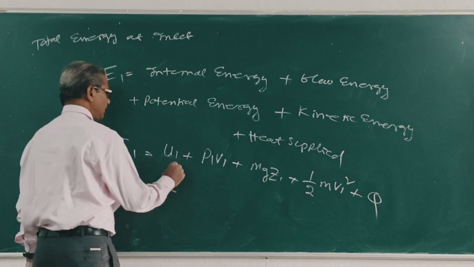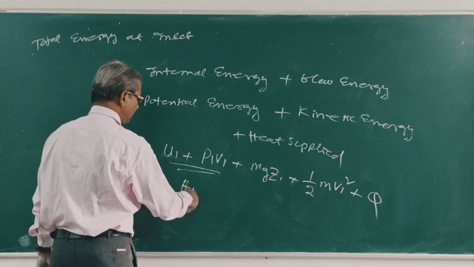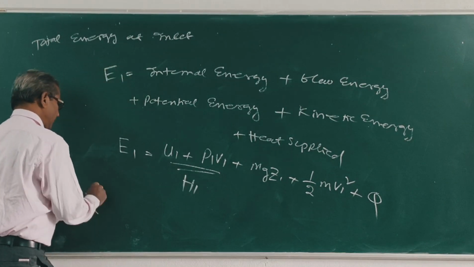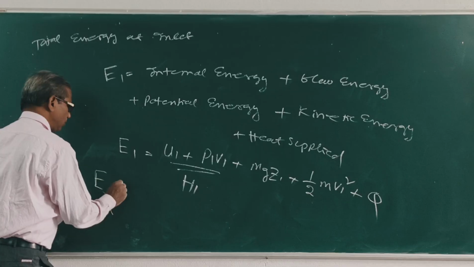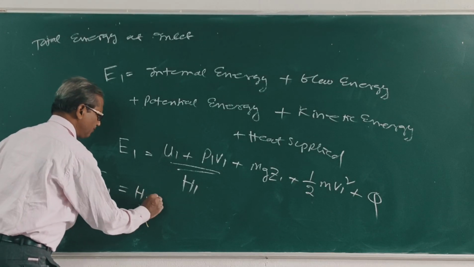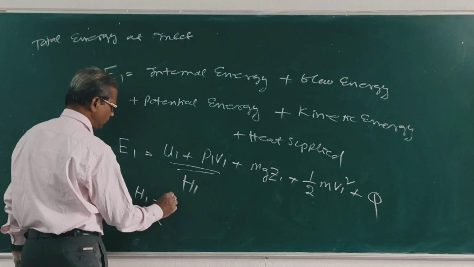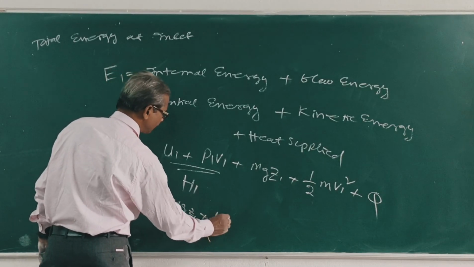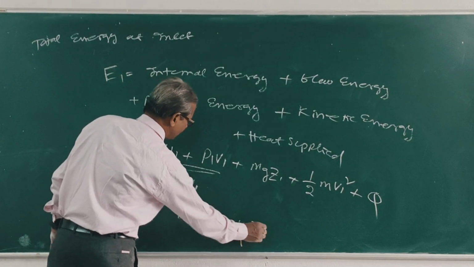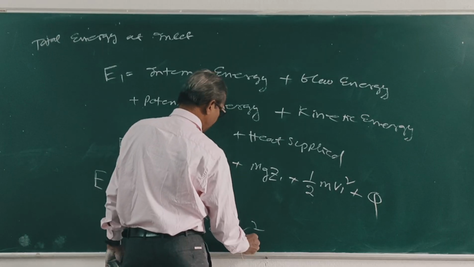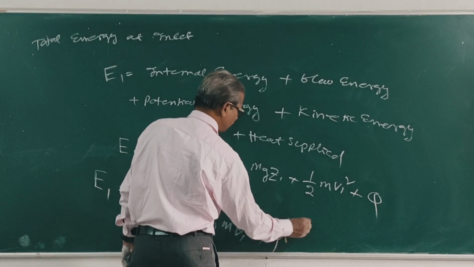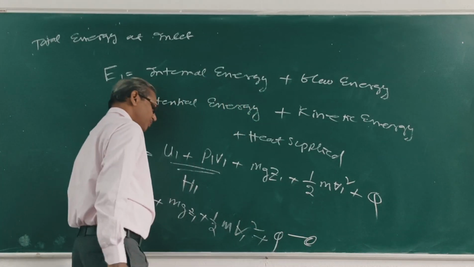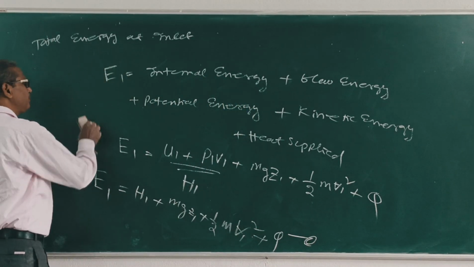What is this? H1. What is E1? E1 is equal to H1 plus mg Z1 plus half m v1 square plus Q. This is equation 1, clear?